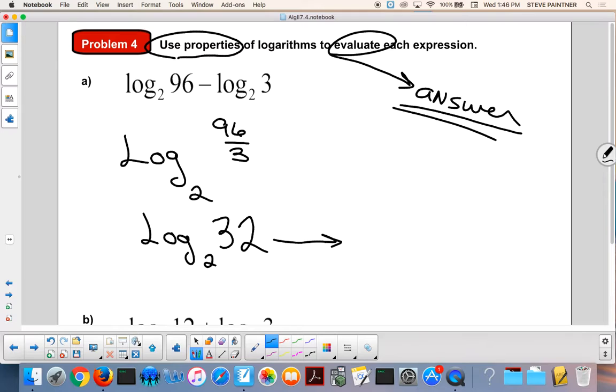Well, it is right here, isn't it? It's a perfect fifth power. That's wrong, sorry, don't look at that. 2 to the 5th is 32, so 5 is the answer. Good? Last problem. Then we'll go backwards again.